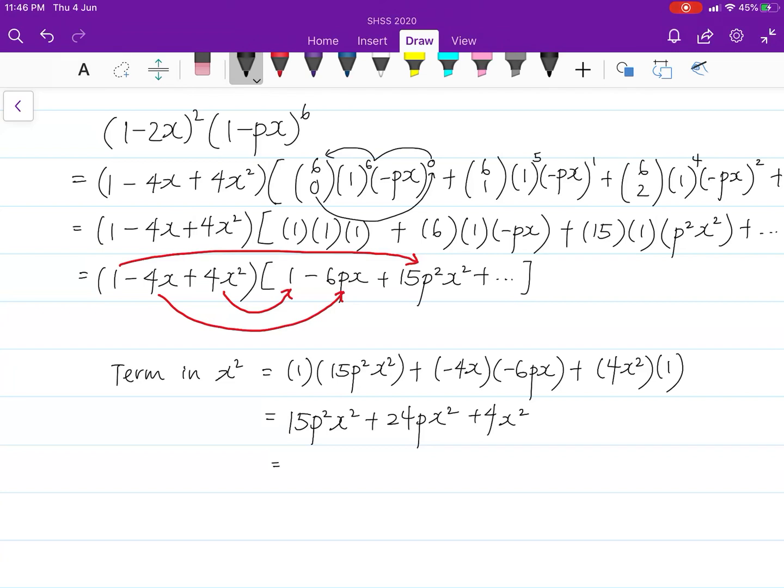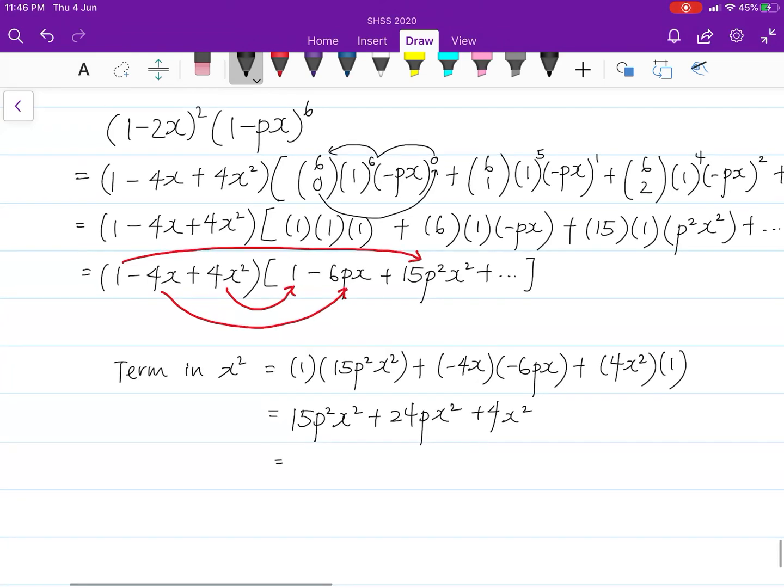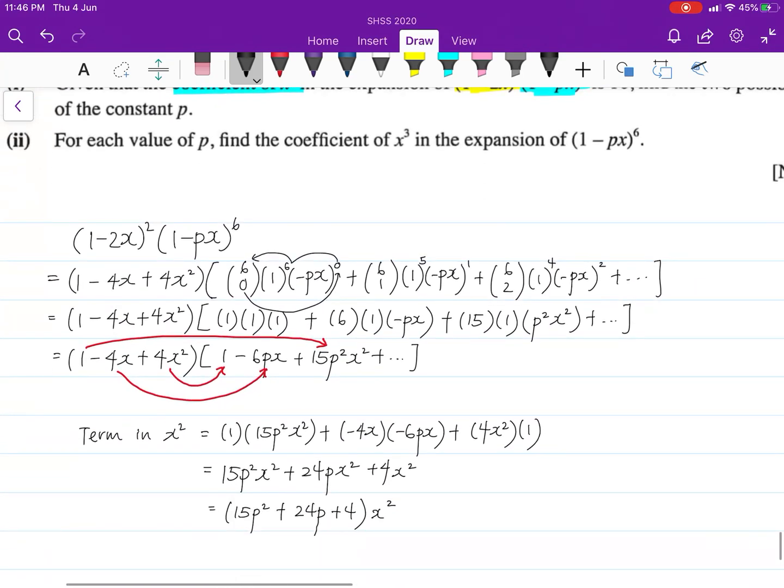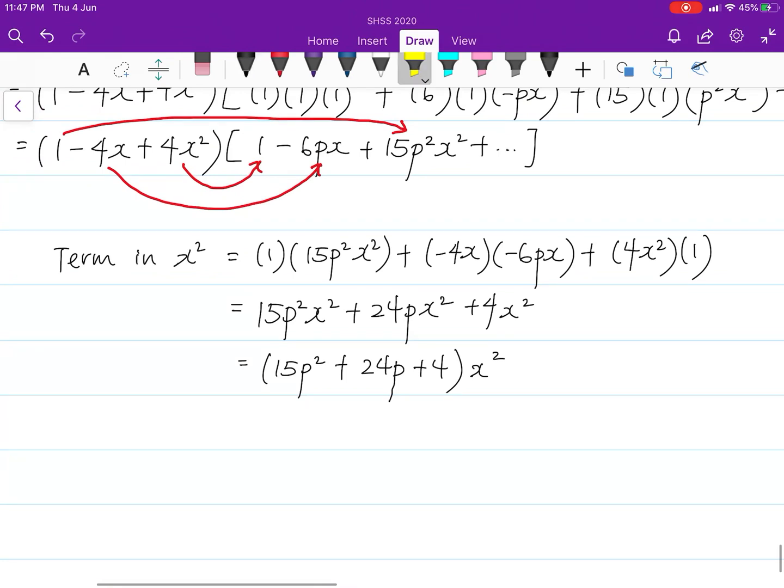Simplify again, take out the x squared. I will have (15p squared plus 24p plus 4) x squared. So they said that the coefficient of x squared is 16. If the coefficient of x squared is 16, that means this is equal to 16. So therefore, 15p squared plus 24p plus 4 equals 16.